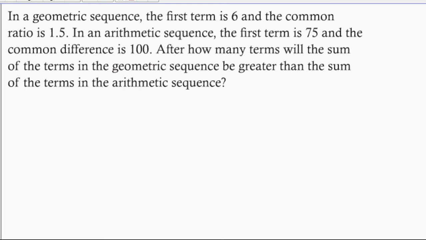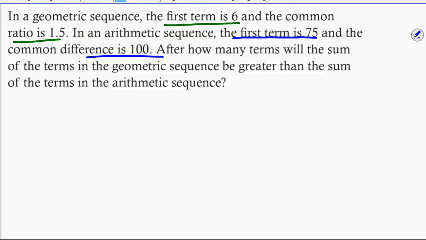Here's another question. In a geometric sequence, the first term is 6 and the common ratio is 1.5. And in an arithmetic sequence, the first term is 75 and the common difference is 100. After how many terms will the sum of the terms in the geometric sequence be greater than the sum of the terms in the arithmetic sequence?